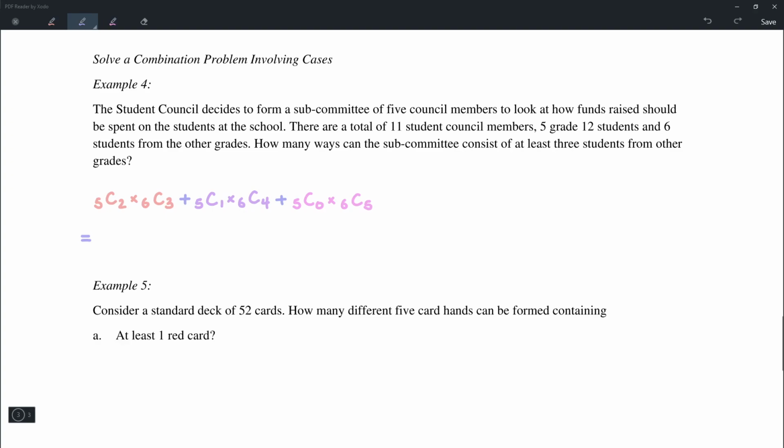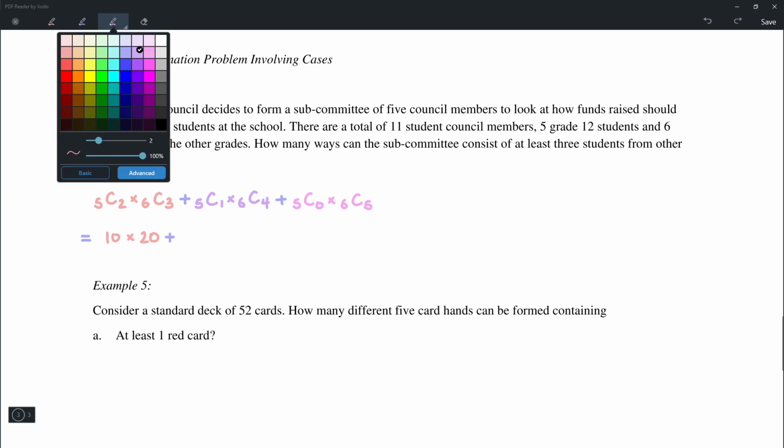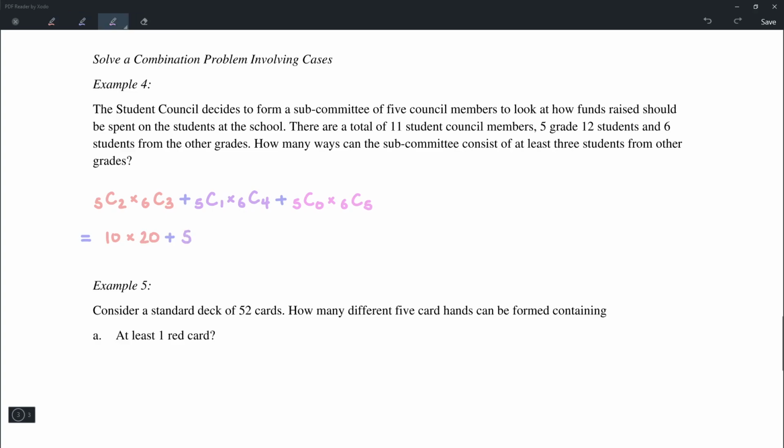And here, using a calculator, 5 choose 2 will give us 10. 6 choose 3 is 20. 5 choose 1 is 5. 6 choose 4 is 15. 5 choose 0. There's only one way to choose 0 things out of 5, so that's 1.